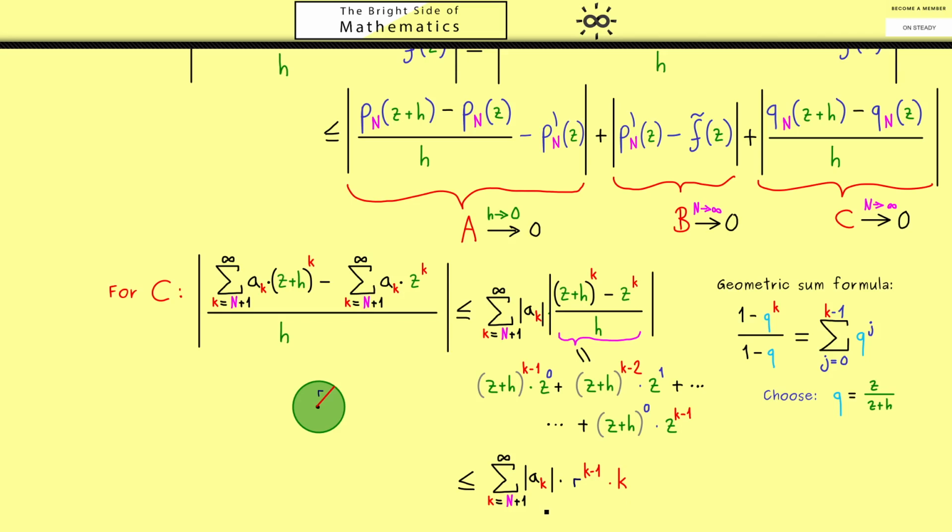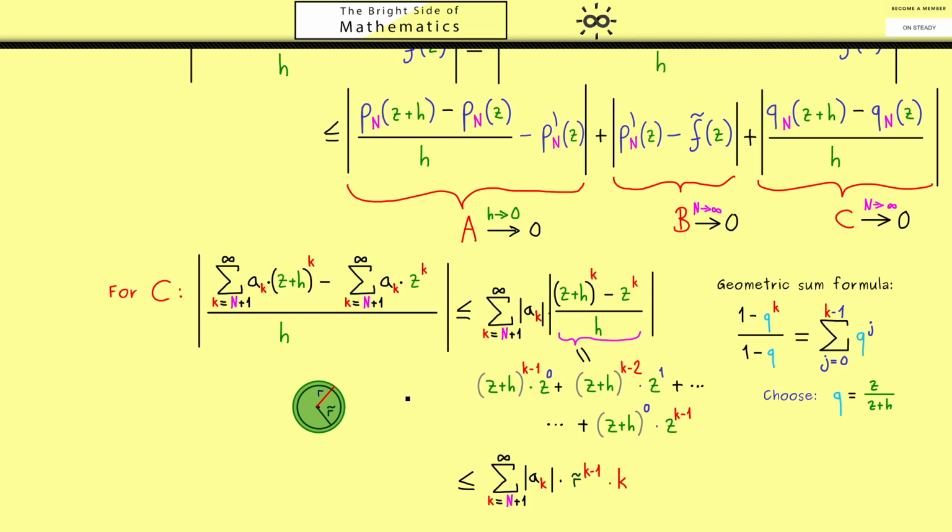And then you should see I need to correct myself here because we need to lie inside the domain of convergence. Hence, in order to do this correctly, we need to choose a number r tilde, which is less than the radius of convergence r. This is no problem at all, because z and z plus h lie inside the domain of convergence.